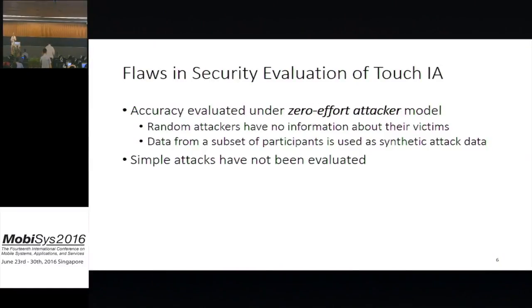In particular, these evaluations ask multiple users to come to the lab and gather touch data from them. For a particular user, they use this user's data as positive data, and they use touch data from other users as negative data, and then they build and train a classifier. But this is fake. This is a synthetic attack. These are random attackers that are not willing to spend any effort.